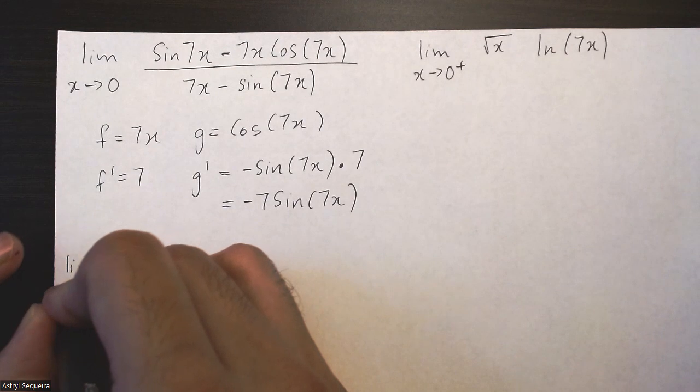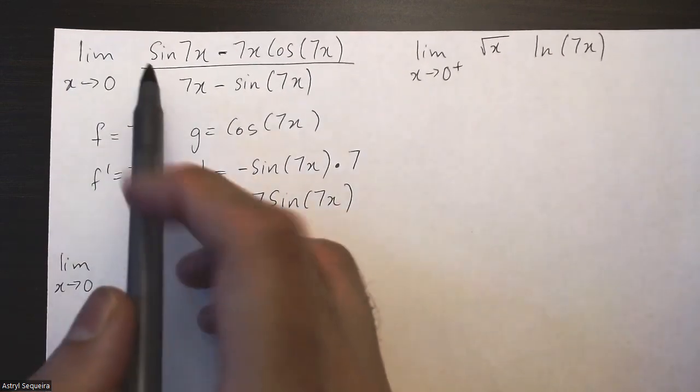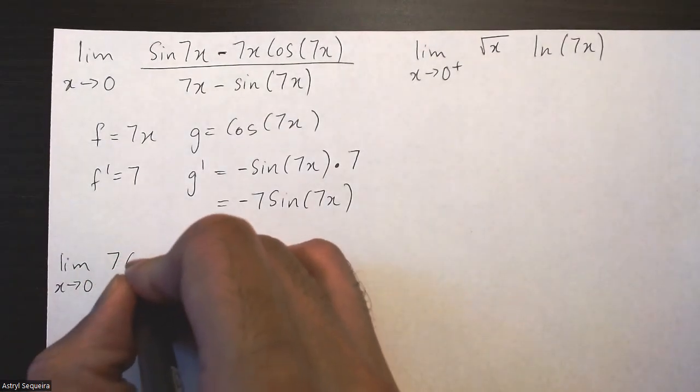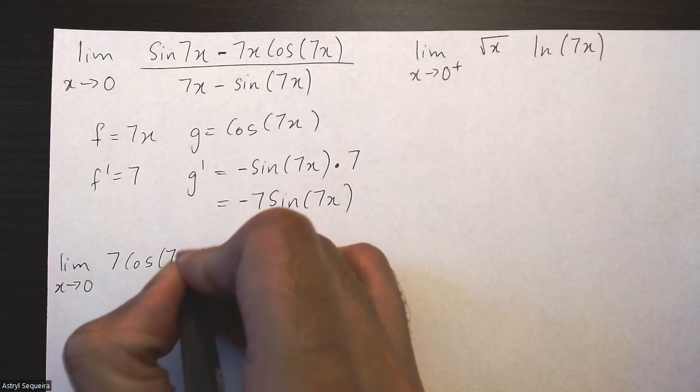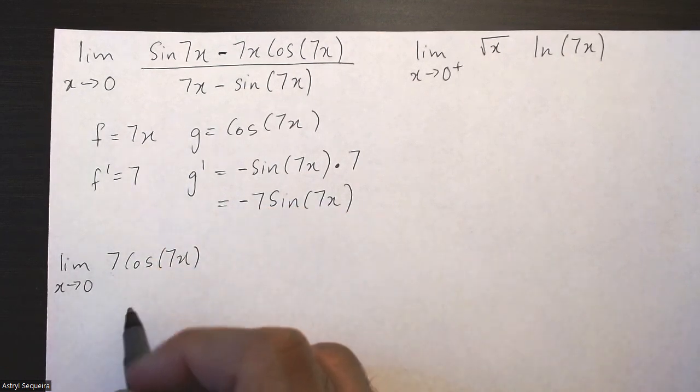So now I'll do this whole derivative of the top over here. I'm going to write it a bit small so I can squeeze this problem in as well. The derivative of sine 7x is just 7 cos 7x, and this 7 comes from the chain rule. I just did it a bit quicker.